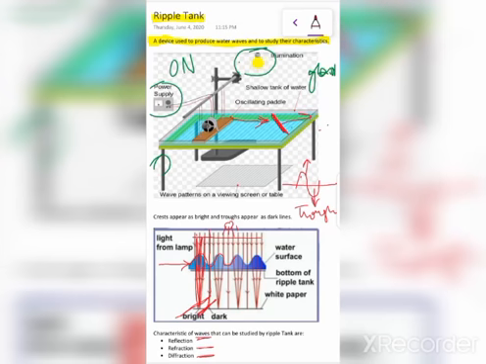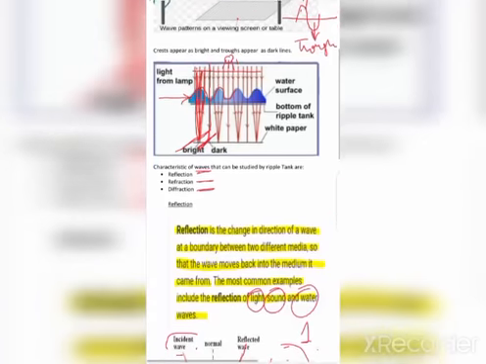Let's take a glass slab, any type of medium, you just have to take another medium. So these water waves are passing in the ripple tank in this direction. When they strike the boundary of this second medium, they will change their direction, meaning they will come back to the water.